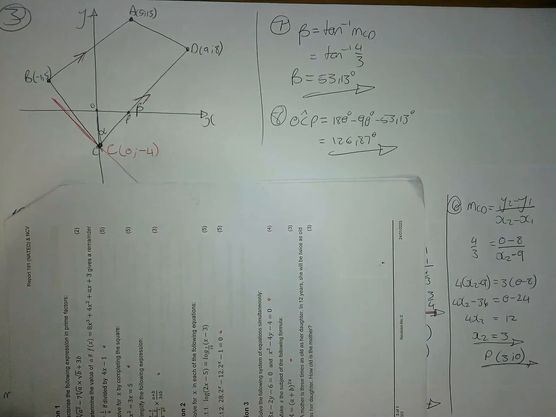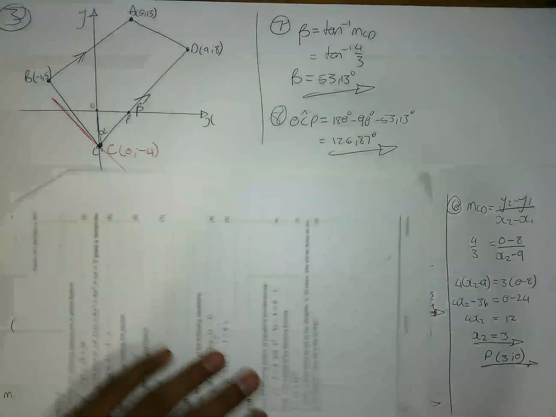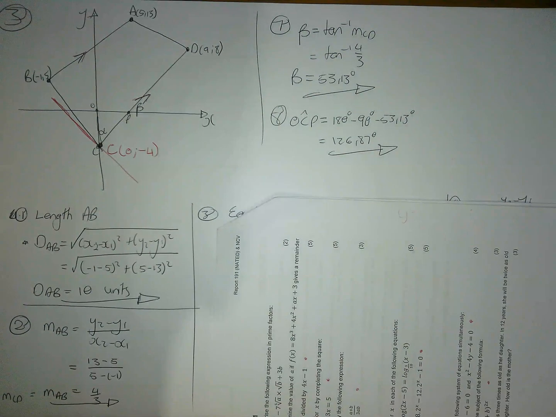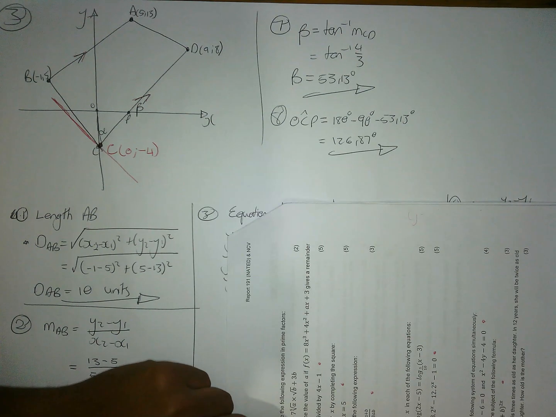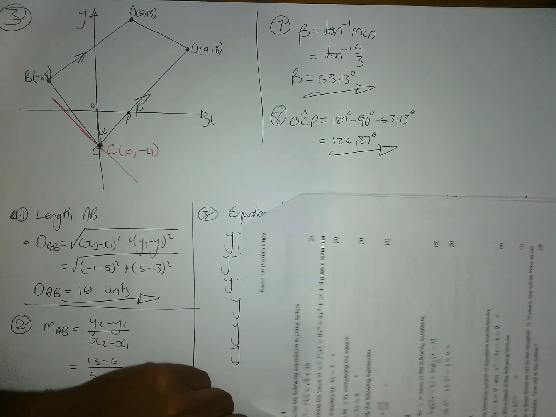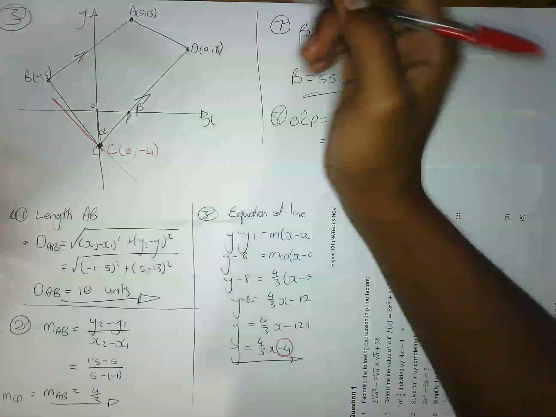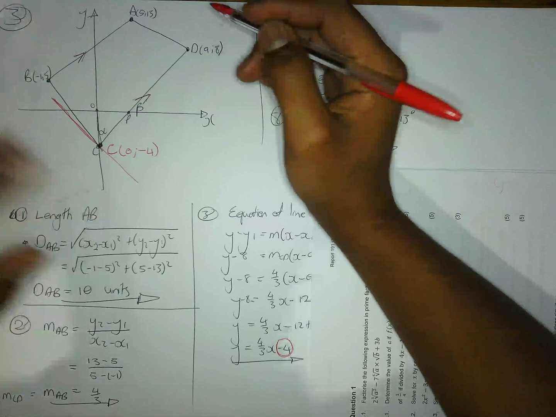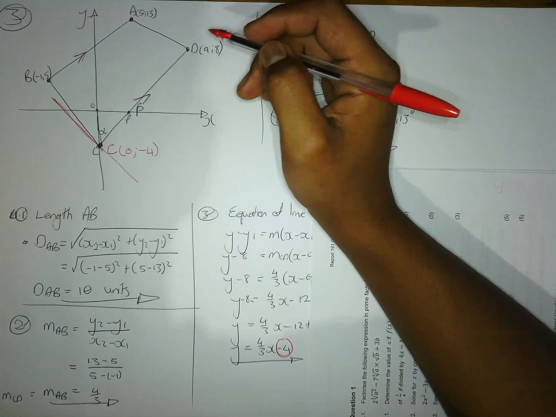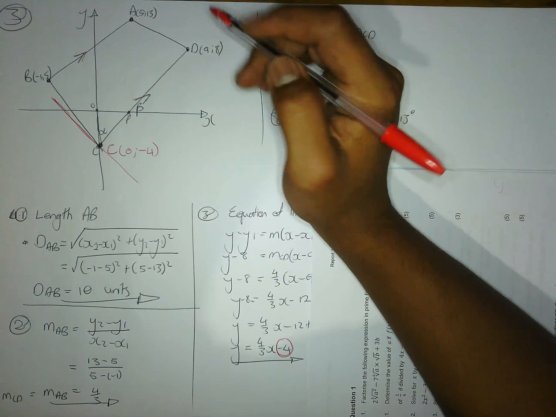The next question is saying, if everybody's happy there, determine the coordinates of point P. So we must note that point P is on the x-axis.